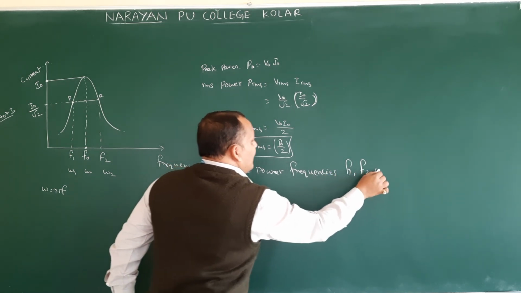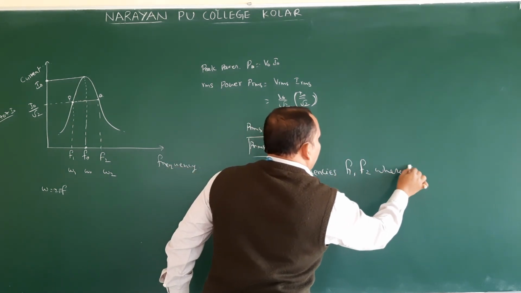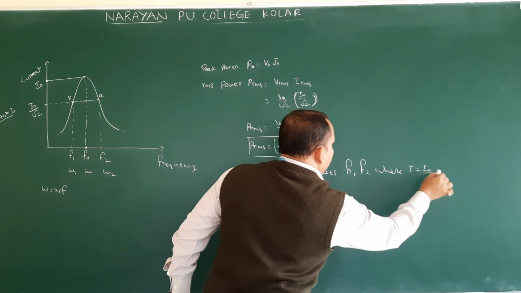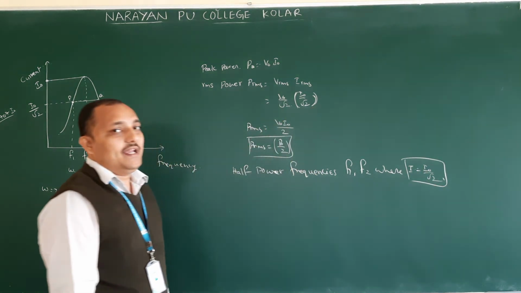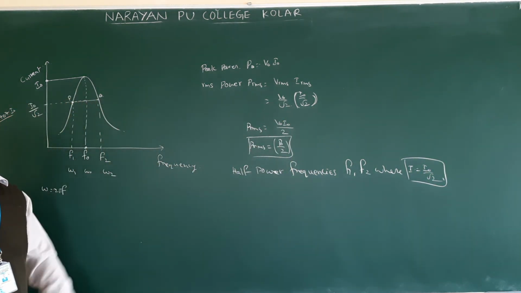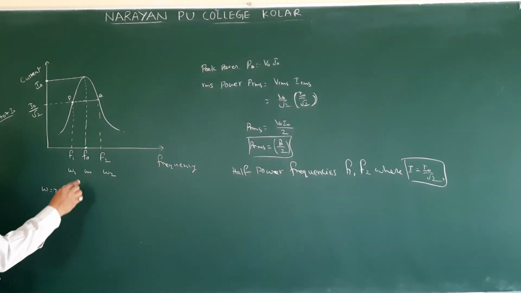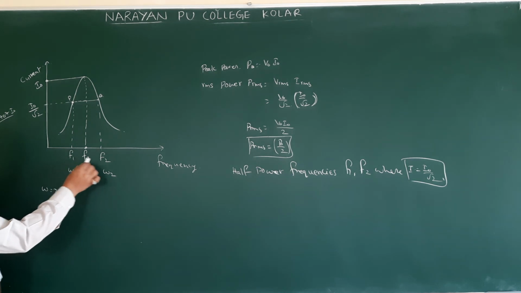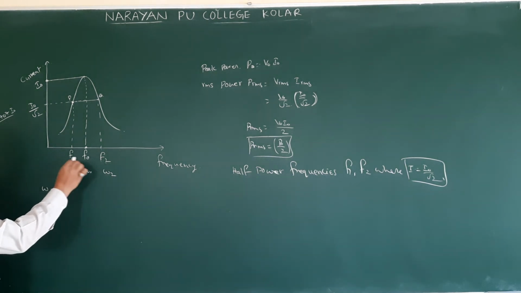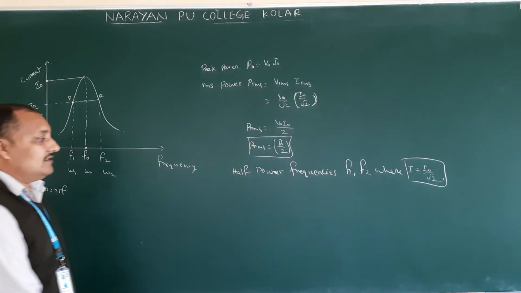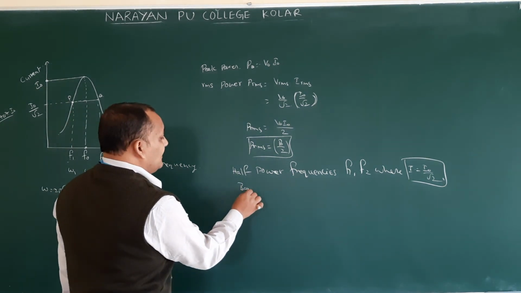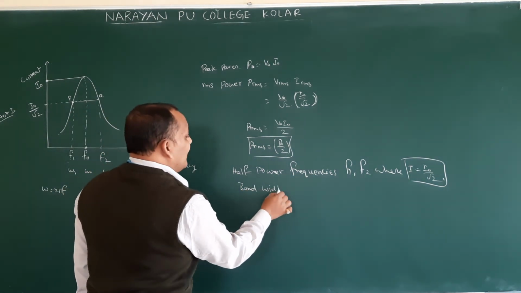f1, f2, where I becomes I naught by root 2. Why do we say half power frequencies? Because bandwidth we are going to define. The difference between these two half power frequencies is called bandwidth, the bandwidth of the signal.